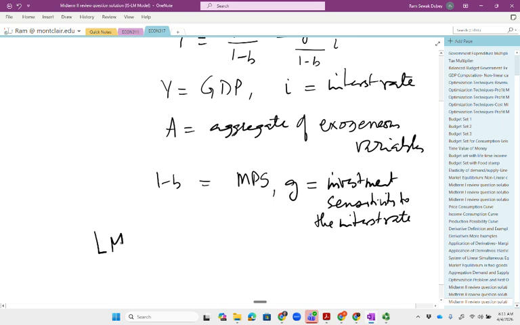The LM equation is given as y equal to m0 over k plus L over k times the interest rate.